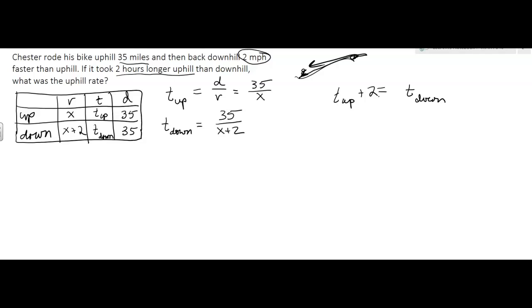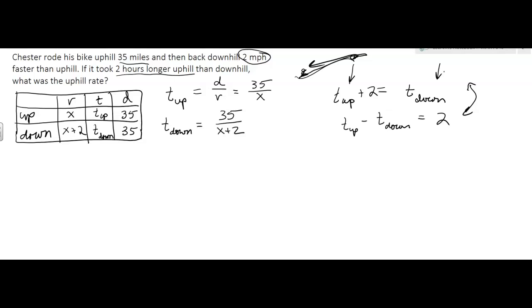Another way you could do it is you could subtract. You could take t up minus t down. The difference between the times is 2 hours, and it takes them longer to go uphill. But these are really just the same equation if you look at those, okay? Now, the subscripts might be bothering you, the up and the down, but remember the times are different, so I've got to distinguish them somehow.